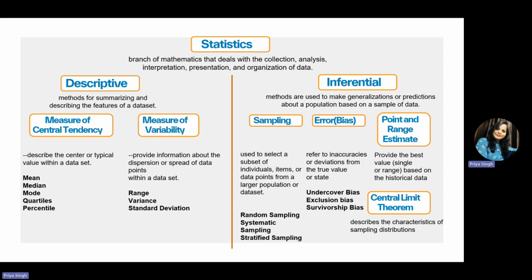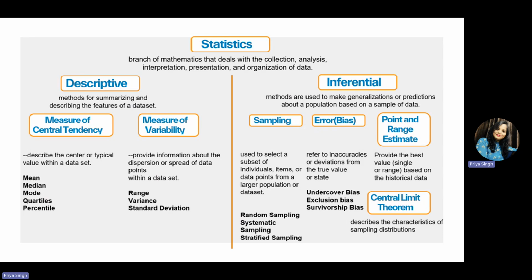So we will also be studying what is a population and what is a sample. But as of now, understand that it is useful in making predictions about a large population based on a sample of data. For example, if you want to predict election outcomes based on a survey of just a few thousand people, for example, you just had elections, then you want to take out the survey results. So if you want to do that, you can do it on a sample of a data set, a sample of a population.